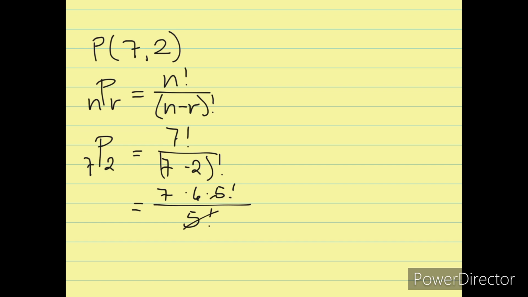Then, cancel the 5 factorial. So, 7 times 6 is 42. Therefore, the permutation of 7 things taken 2 at a time is equal to 42.